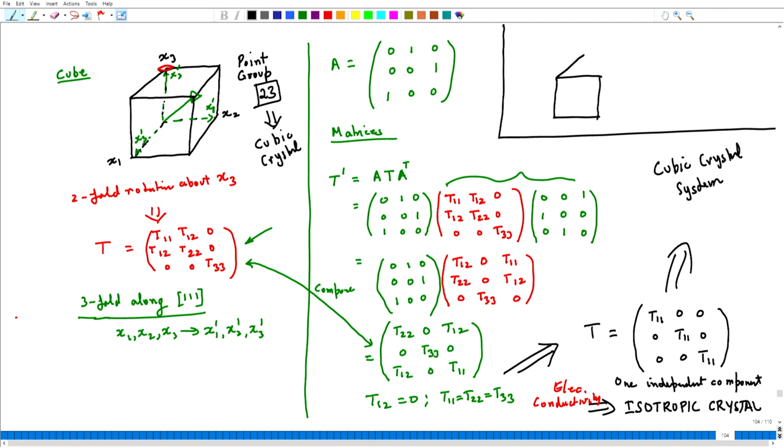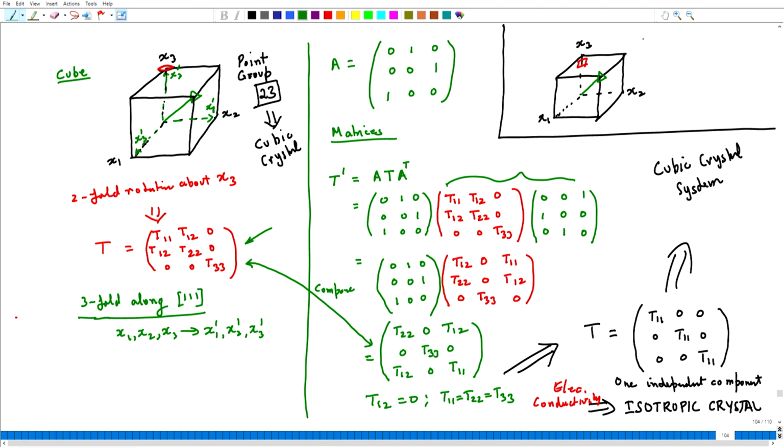Considering a cube again, x1, x2, x3, and imagine that instead of two-fold, I have a four-fold rotation, for which I have again a three-fold along the body diagonal.